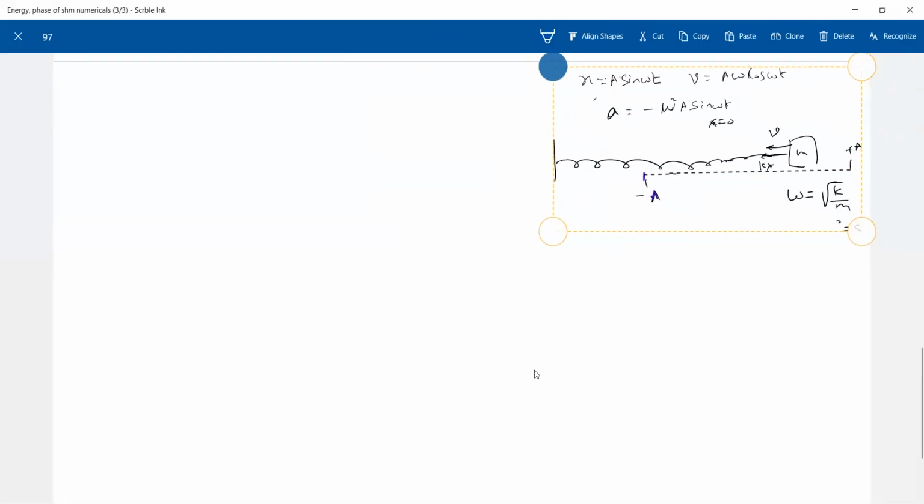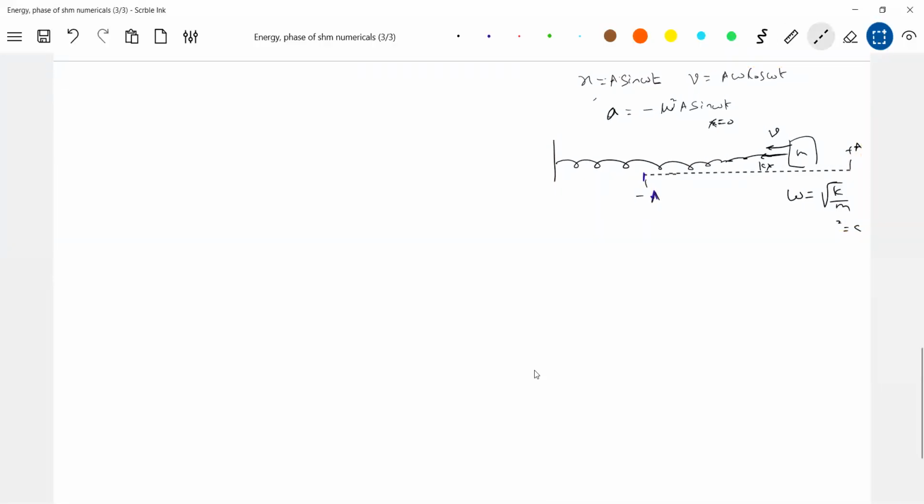Let me keep this in the corner only. This is the mean position, what we have. Okay, there's a right extreme, left extreme. X equal to 0, I'll measure from here. The block is at a distance X.